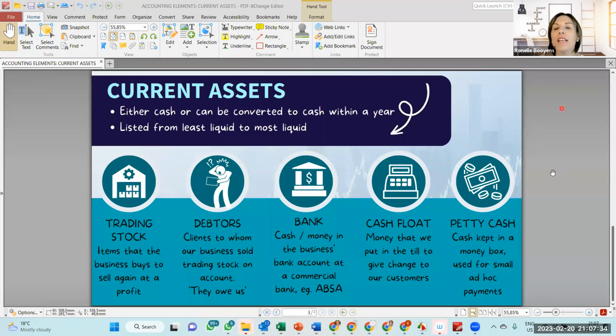The last three on the list of current assets are all cash or money accounts. So you can list them in any order, because they're all the same, they're all cash or money. If we talk about the bank account, this is literally the cash or the money that our business has available in its bank account at a commercial bank like Absa, FNB or Nedbank.